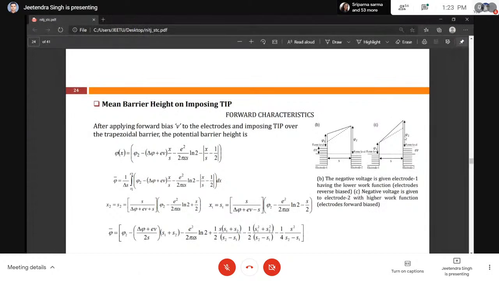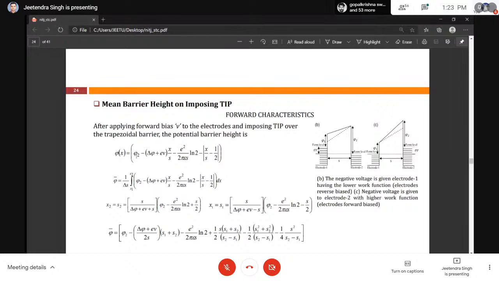For the forward bias, we apply a voltage signal to the electrode which has the higher work function, and if we apply the voltage to the electrode with the lower work function, it works as a reverse bias.